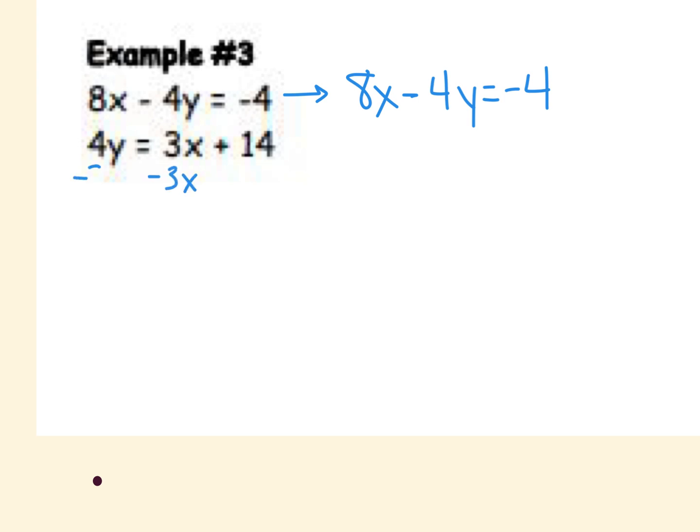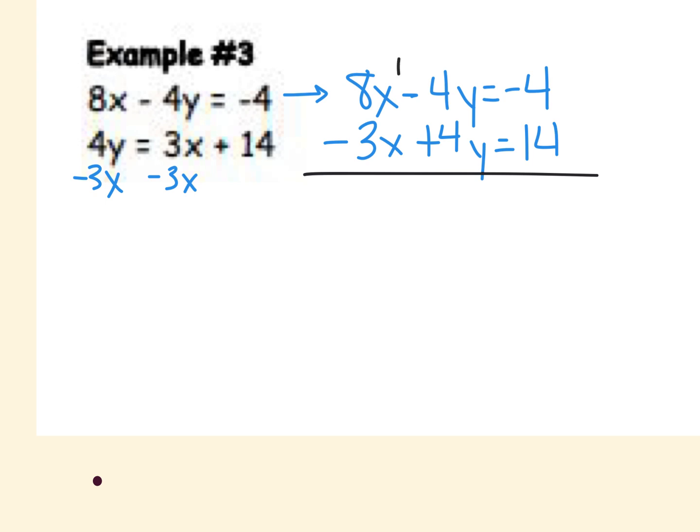So my x and my y are on the same side. So when I rewrite it over here, minus 3x plus 4y equals 14. And now on our y's, we have same number, same letter. One is positive, one is negative. So that is going to eliminate.